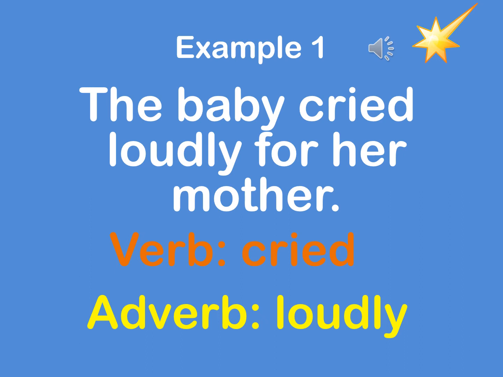The baby cried loudly for her mother. Okay, step number one, find the verb. The verb is cried. Now, step number two, ask yourself, how did the baby cry? She cried loudly. So your adverb is loudly.